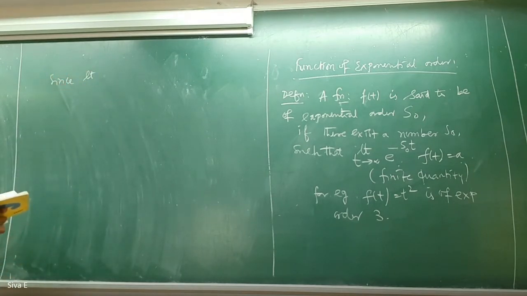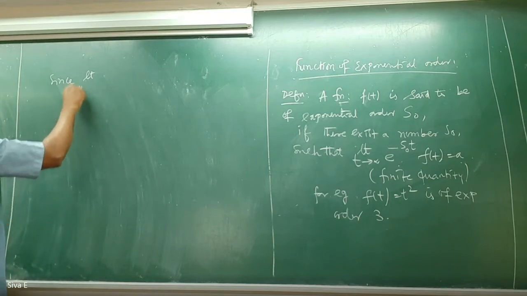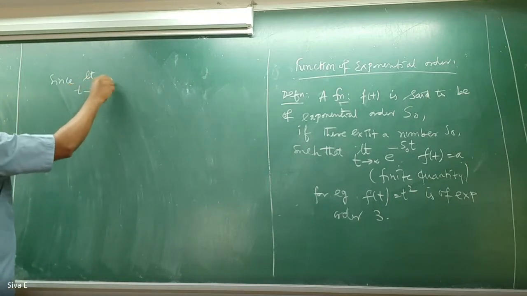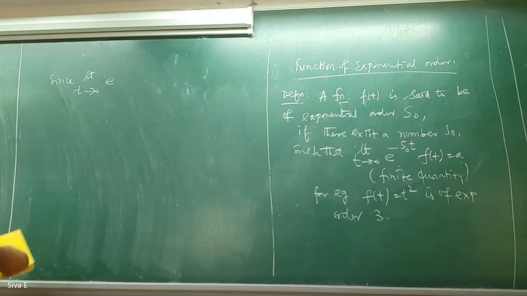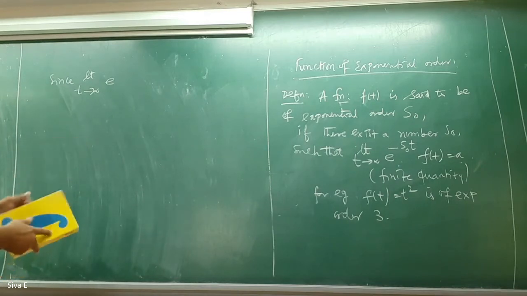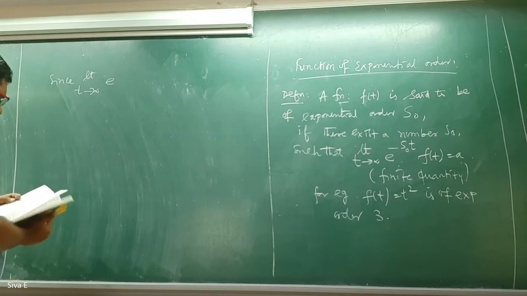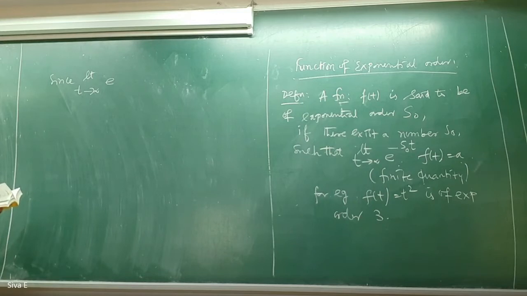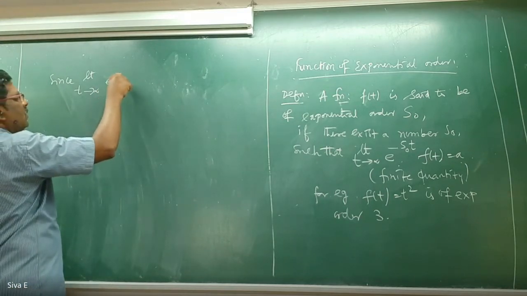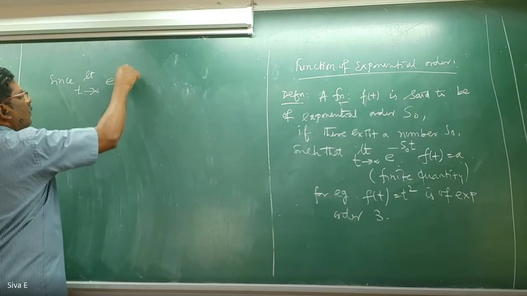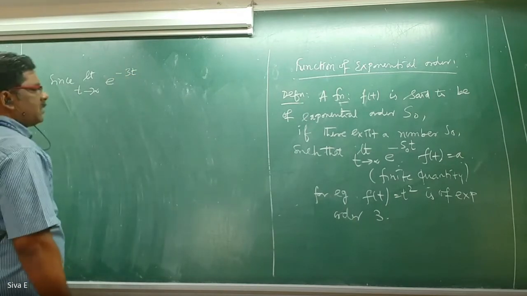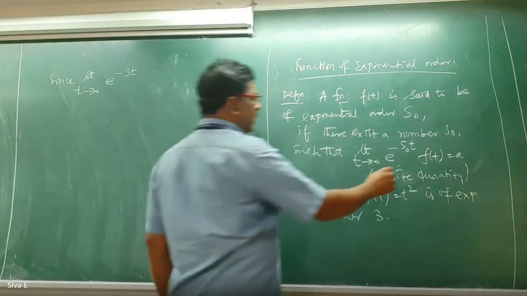Since limit t tends to infinity, here f of t is t square, and e power minus s0 t, where s0 is some number.